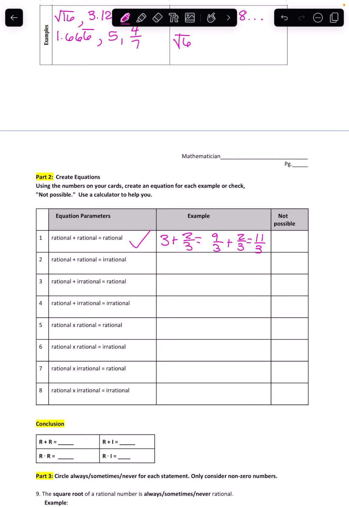Rational plus irrational is rational. We did that. It's still going to give us a rational, so that is not possible. A rational plus an irrational is rational. Let's do 2/3 plus pi.